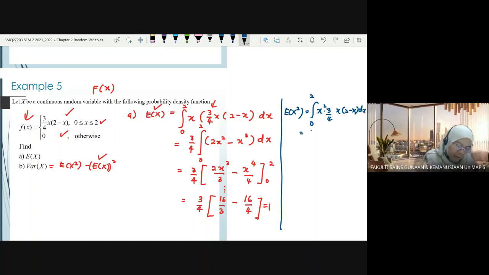Simplify everything, you will get 3 over 4 from 0 until 2, 2x cubed minus x to the power of 4. Integrate with respect to x, you will get 3 over 4, 2x to the power of 4 divided by 4, minus x to the power of 5 divided by 5, from 0 until 2. Can you find the answer, class?